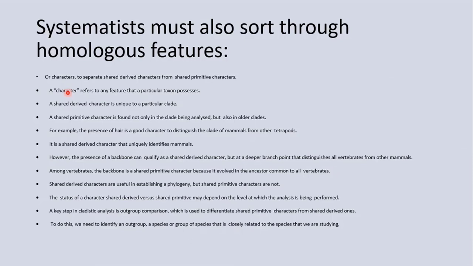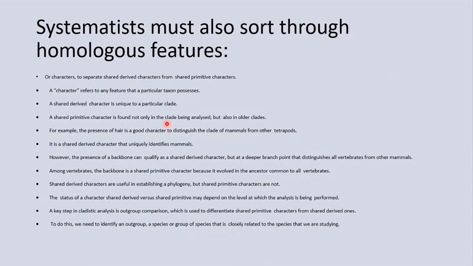A shared derived character is unique to a particular clade, and a shared primitive character is found not only in the clade being analyzed, but also in older clades. We said this earlier today when we were talking about how Darwin explained natural selection, that some traits will be passed on to the new descendants.